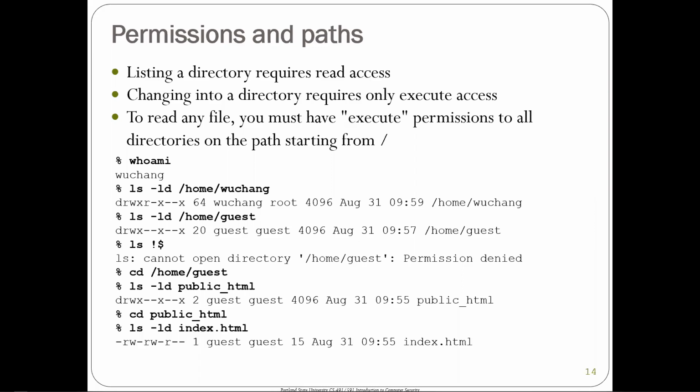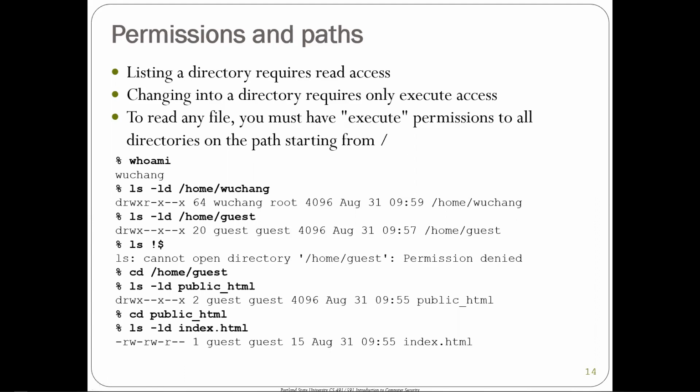If you want to serve your home page out of public_html in your home directory, but you don't want users to be able to list your home directory, then you give execute permissions all the way down to your public_html. You take out the read permissions, and then just underneath public_html, your files can be openly readable by everybody in order to serve a web page.